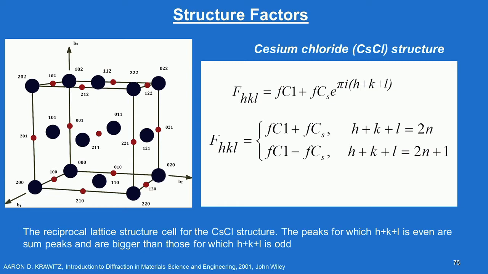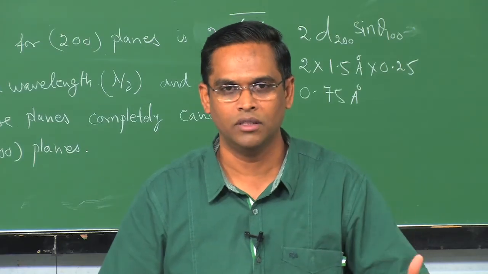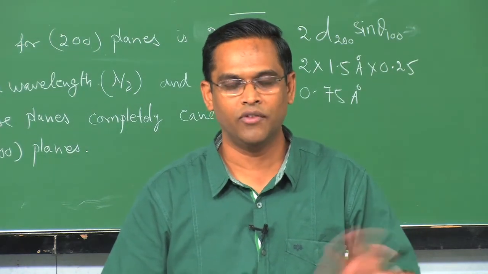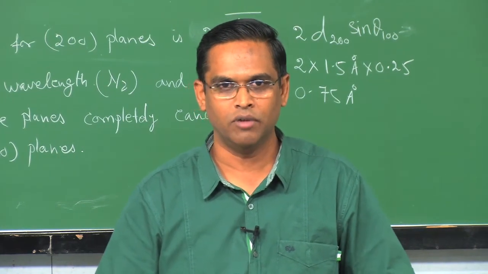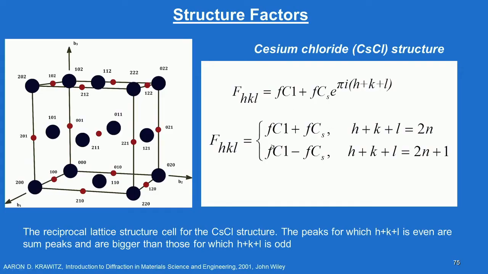So in some reflections, instead of a sum of the peak intensities, you will see the difference in that scattering power. That is why in some terms it is plus and in some terms it is minus here, and the corresponding effect you will see in a bigger circle here, that means higher intensity, that is the sum of intensity, and then you have some of this, it is the difference peak.